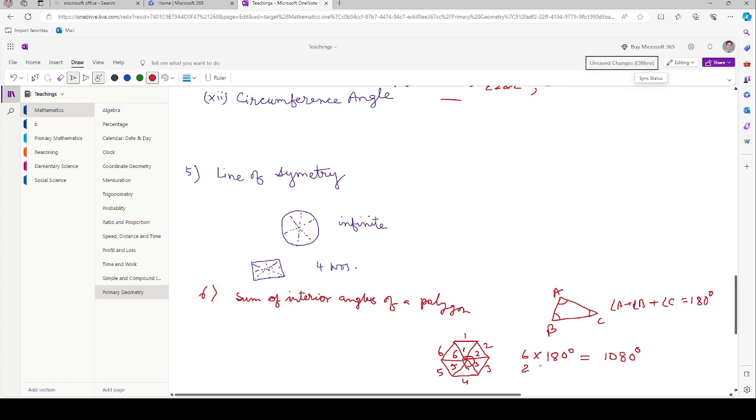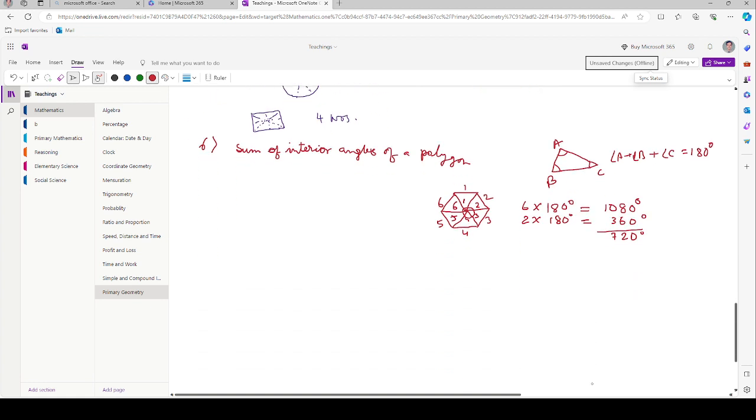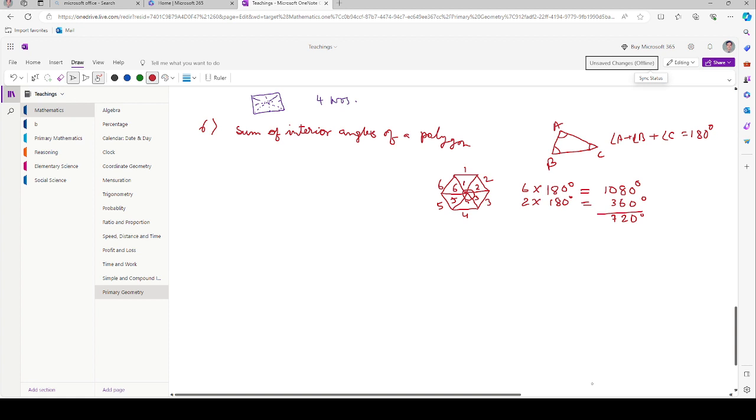So 2 into 180 degrees, equal to 360 degrees, will be deducted from 1080 degrees, and we get 720 degrees. So the sum of interior angles of a hexagon is equal to 720 degrees.